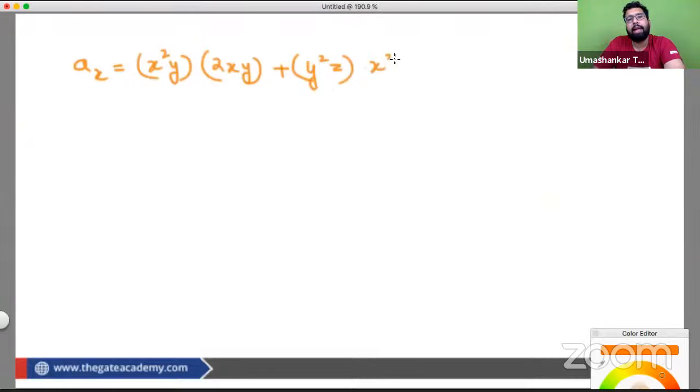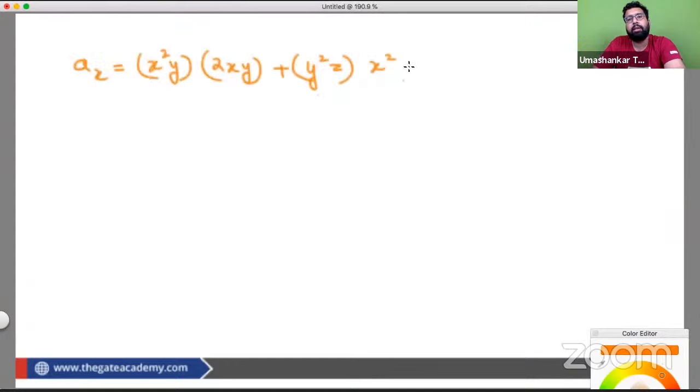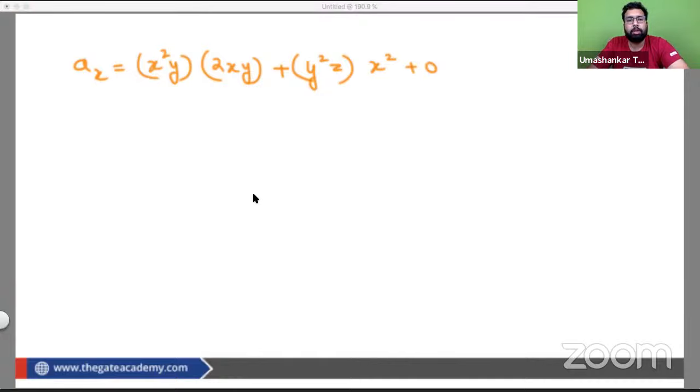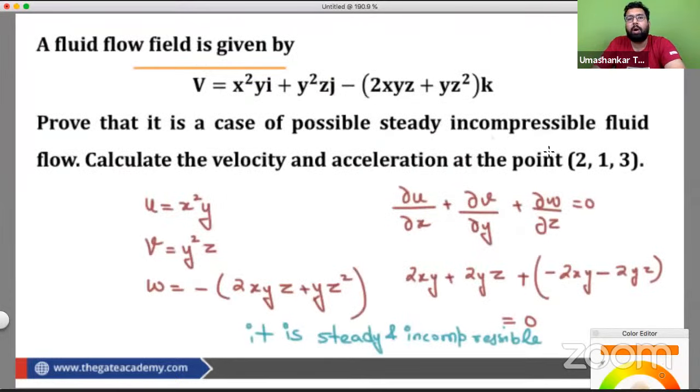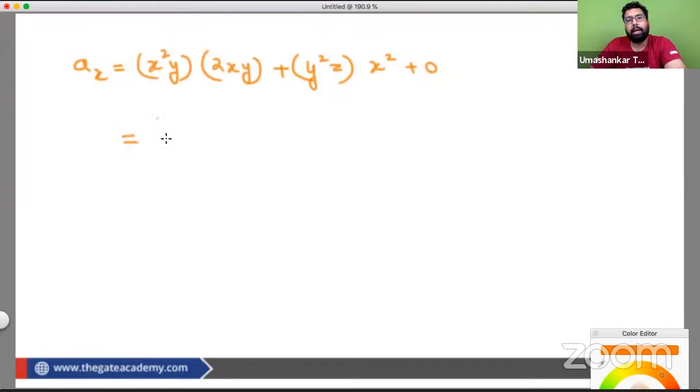Here we are having x square, and there is no function of z in u, so del u by del z is going to be 0, right, beta? So what can we do now? We can put the value of the point 2, 1, 3, putting 2 instead of x, right, beta?